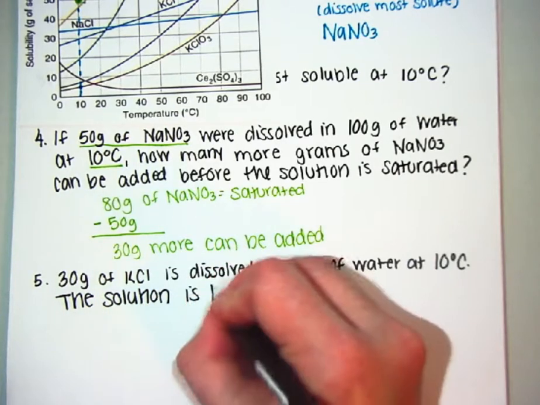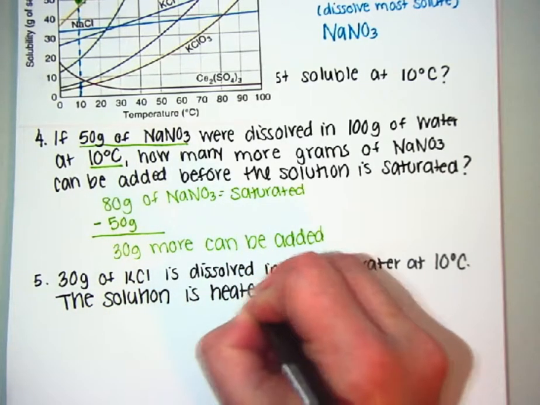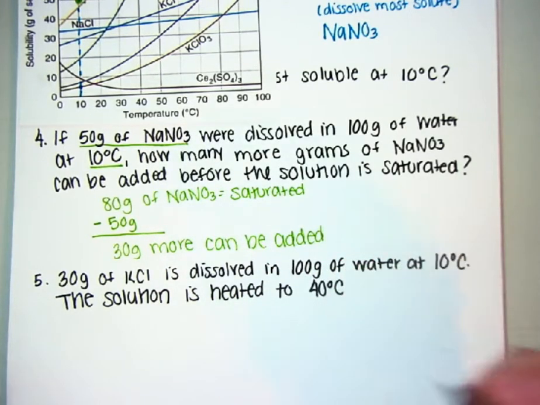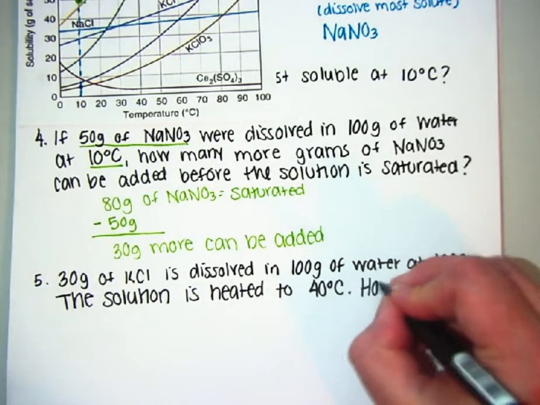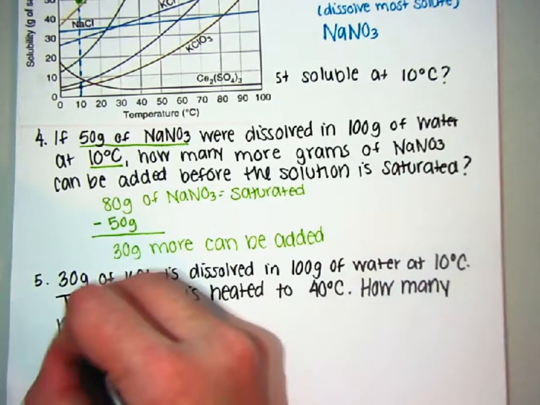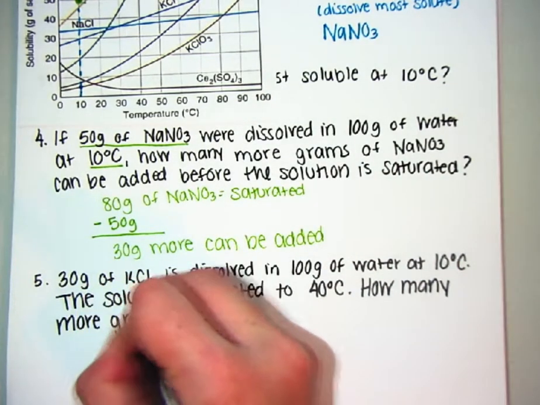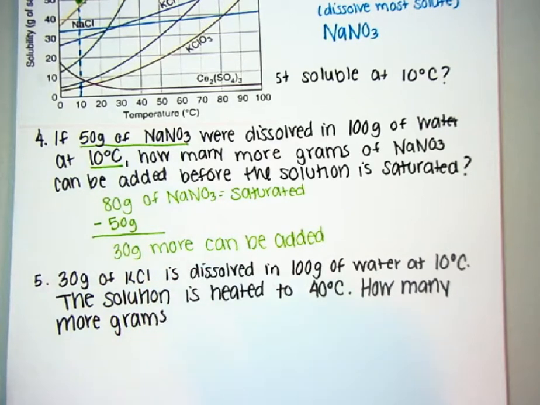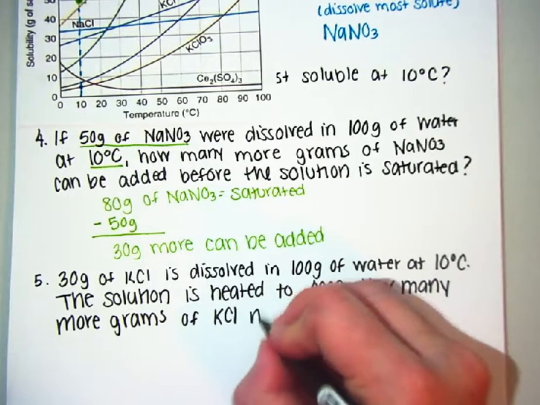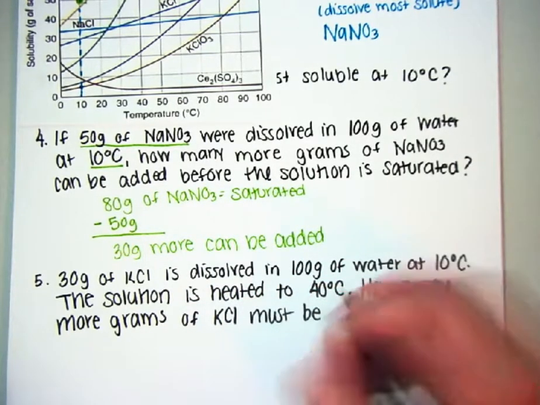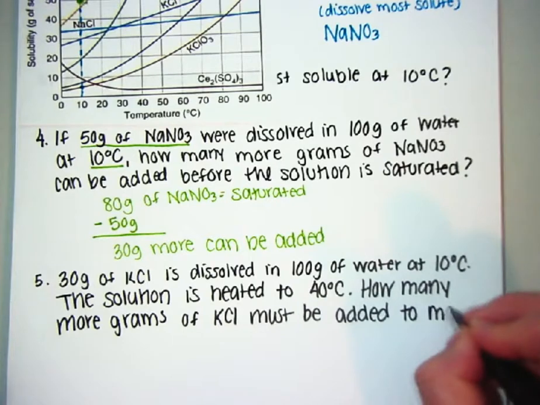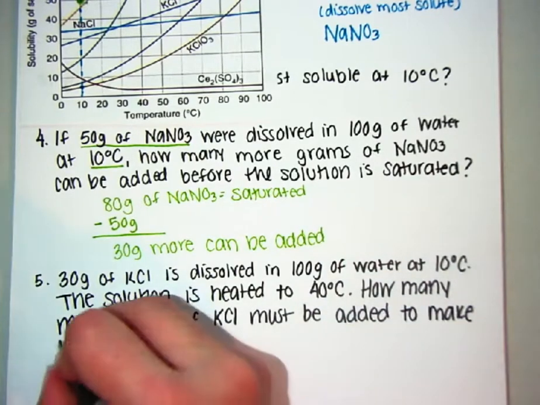The solution is heated to 40 degrees Celsius. How many more grams of potassium chloride must be added to make the solution saturated?